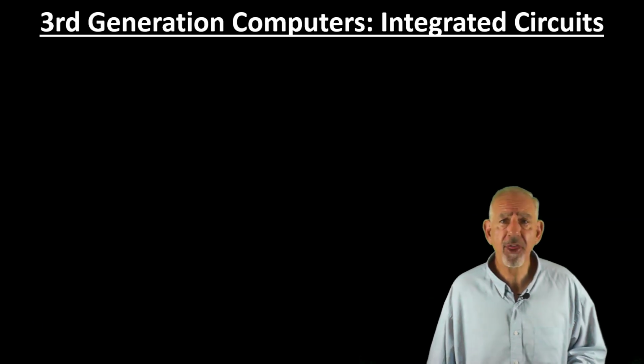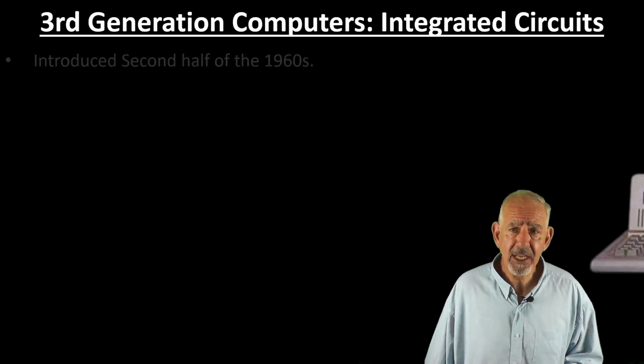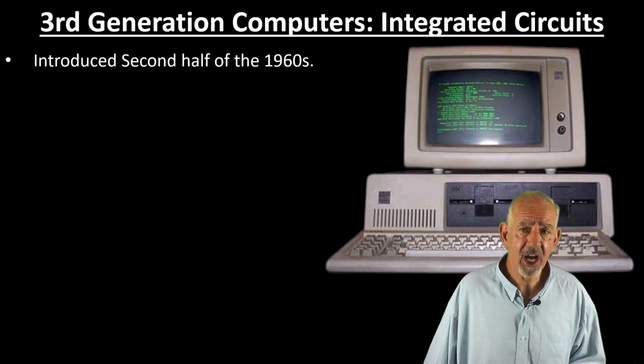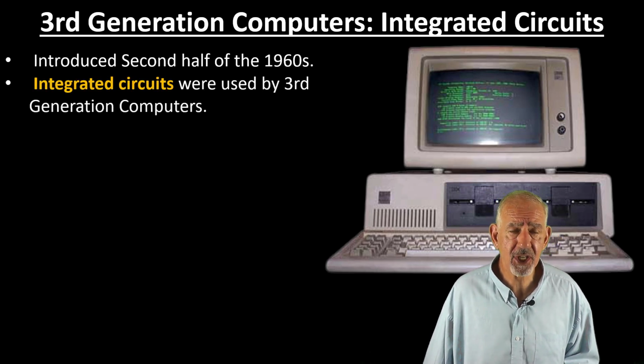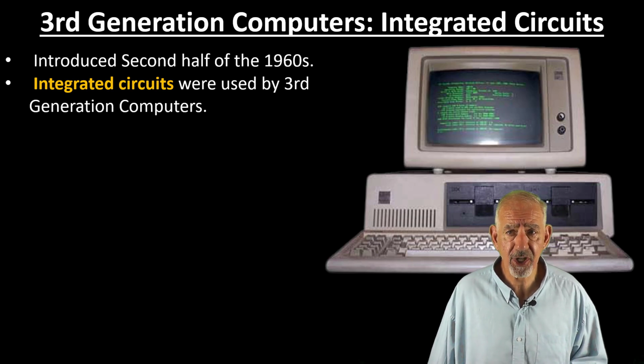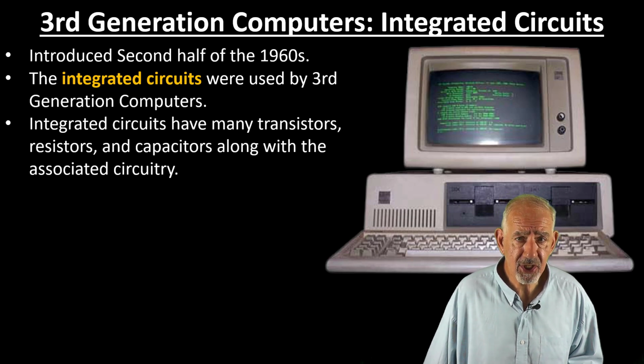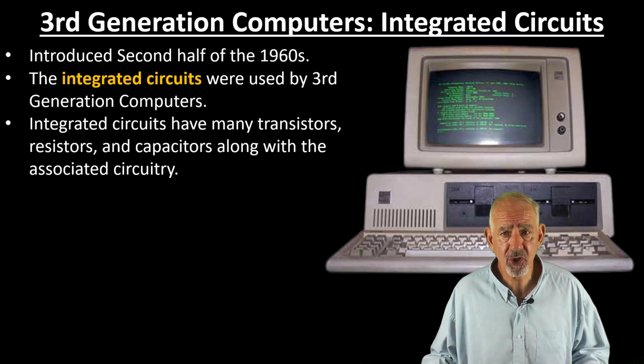And then we move on to the third generation computers, and these were our integrated circuits. And these were introduced in the second half of the 60s. Integrated circuits really was the start of our third generation computing. And integrated circuits have many transistors, resistors and capacitors, along with all the associated circuitry that goes with it.